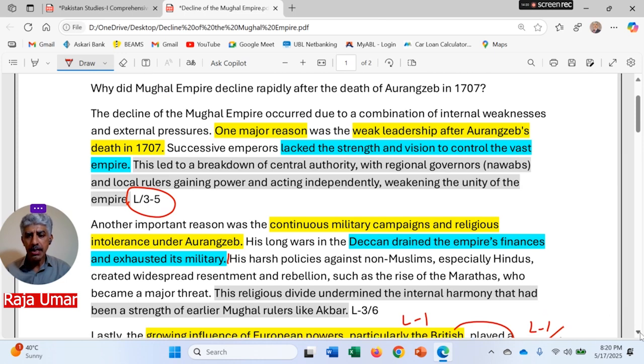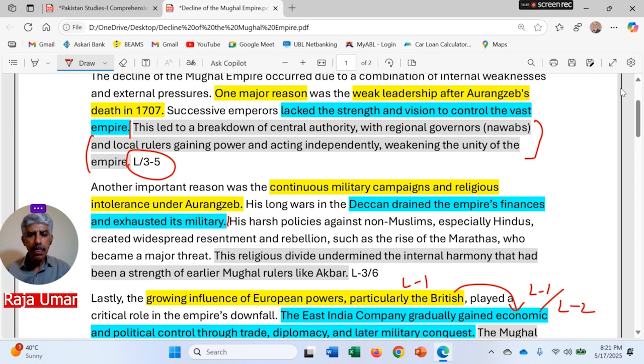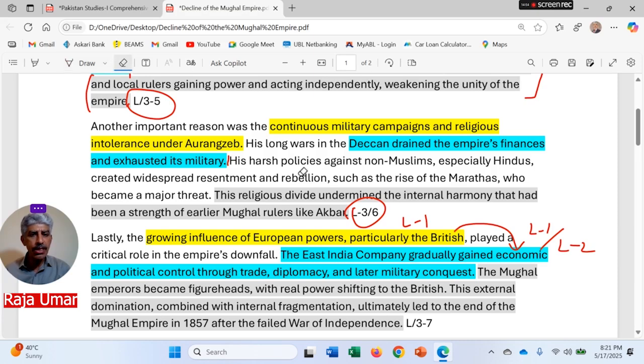So he has reached level 3 by putting in this evaluation over here of reason number 1. He has given one reason and developed that reason into evaluation. So level 3, 5 marks. And again, level 3, 6 marks over here if he explains the second reason.